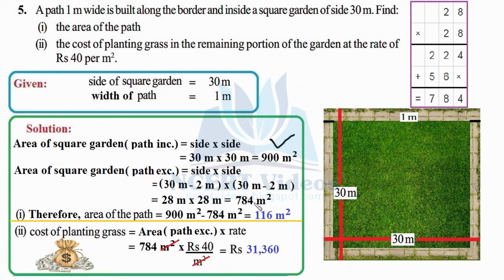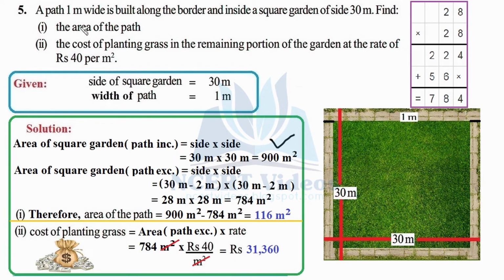So 28 into 28 is 784 meters square. Here is the multiplication: 8 into 8 is 64, 6 carry, 16 plus 6 is 22. Then 8 twos are 16, 1 carry, 2 twos are 4 plus 1 is 5, 4, 8, 7. So 784 meters square is the area of this actual square garden which is now left.